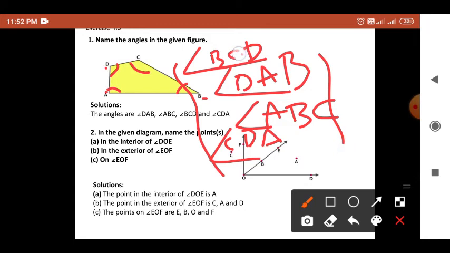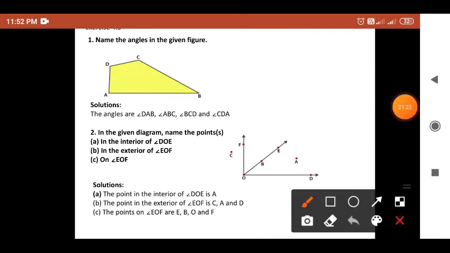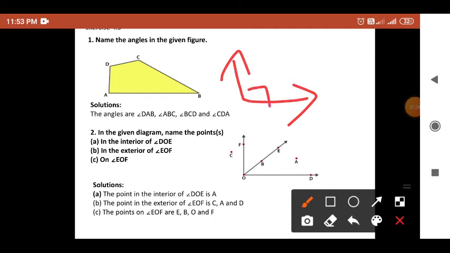See, you can see in this BCD, C is the middle one. So C is the angle, and DAB, A you can see, DAB, because two rays meet at one point. If it is two rays, then only you can say it is an angle.